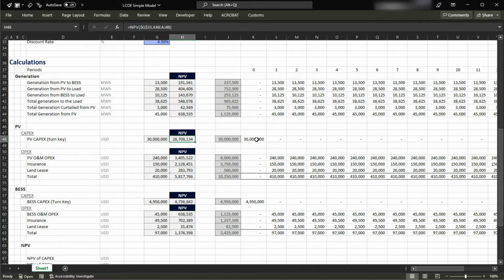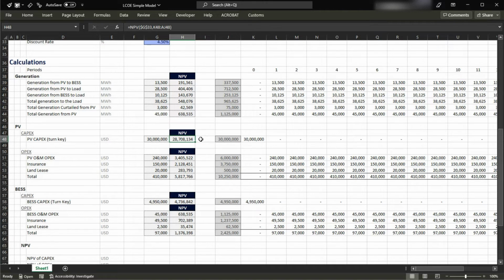But I deliberately left the calculation as it is in here so that we can better understand how NPVs are calculated in the next video. So while this number is not incorrect, or is not wrong, there are better ways to do it.